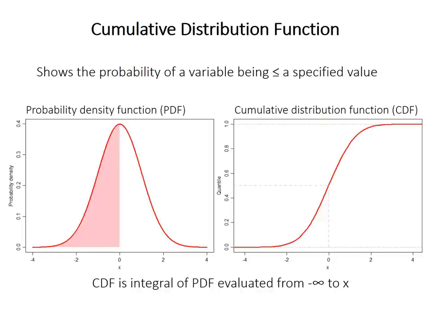If we read down from where the function meets that line, it shows that 50% of the values in the data set are less than 0. The corresponding probability density function, shown on the left, corroborates that, in which half the area is indeed less than 0. So the cumulative distribution function is essentially an integral of the PDF evaluated from negative infinity to whatever value x.